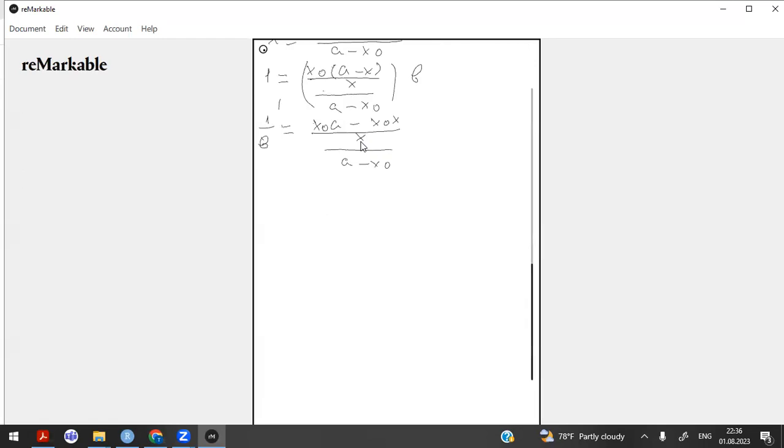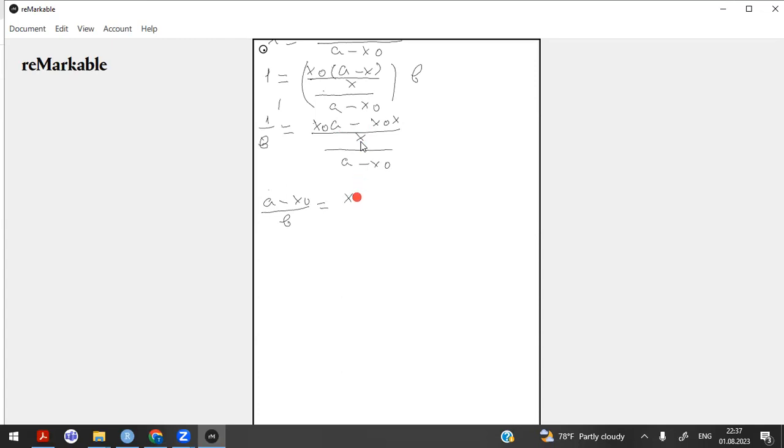Okay, so we move the b to the other side. And actually, since they are divisions, we can multiply both sides now by a minus x0, okay? So we'll have here a minus x0 divided by b, and here we will get x0 a divided by x.